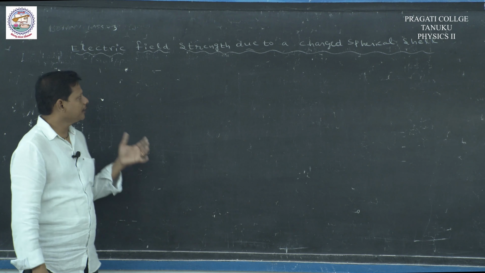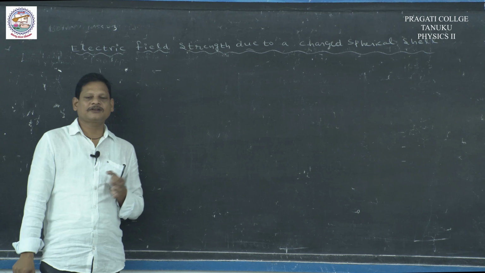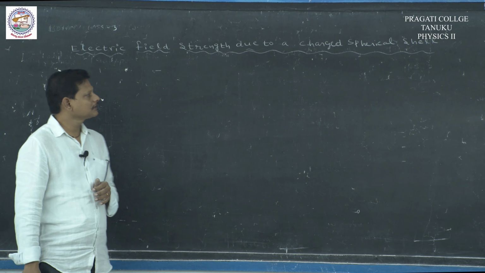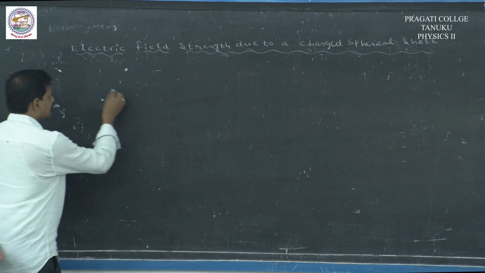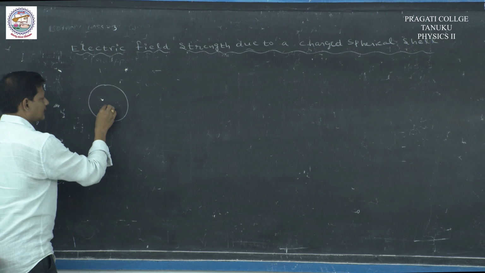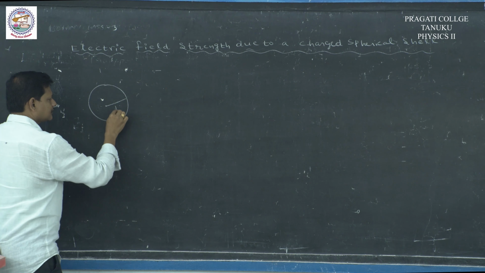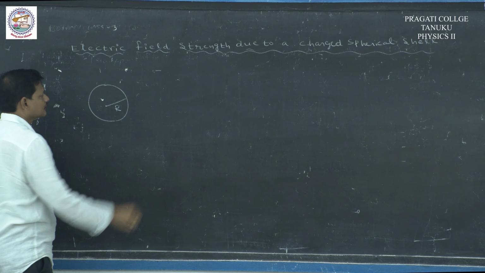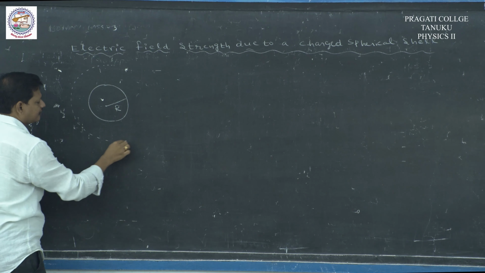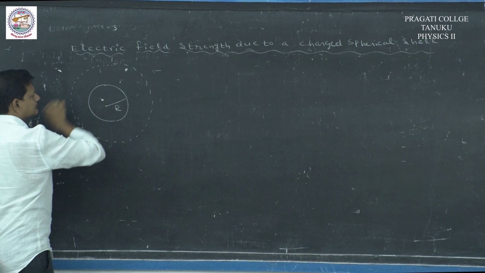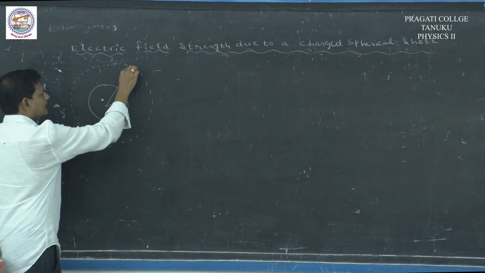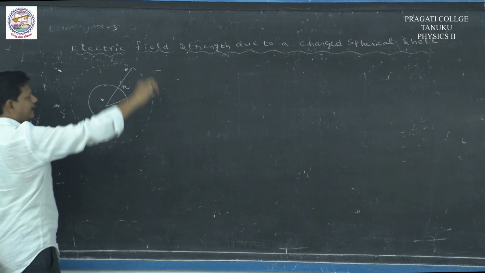Now, we are going to derive an expression for the electric field strength due to a spherical shell. Let us consider a spherical shell of radius capital R. Construct a Gaussian surface which is spherical, of radius small r.